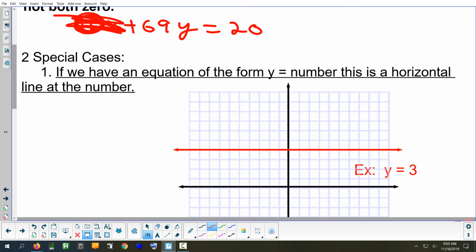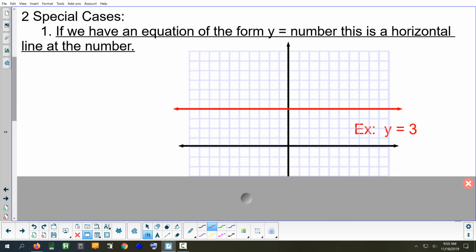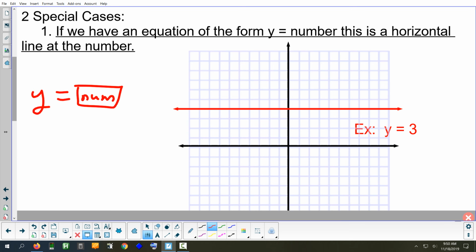So on your special cases, you guys got a graph right below special case number 1. You can draw that graph in. Okay, so y equals, and then in that box, you put a number. The y equals 3, why is that there? That's an example of the equation of a horizontal line.